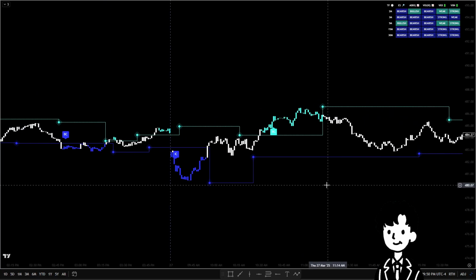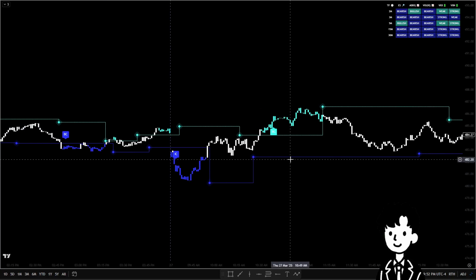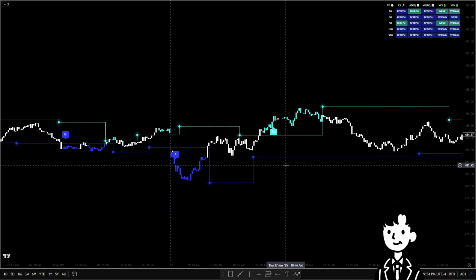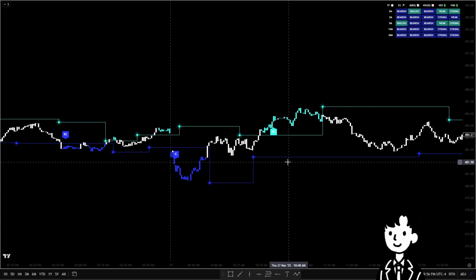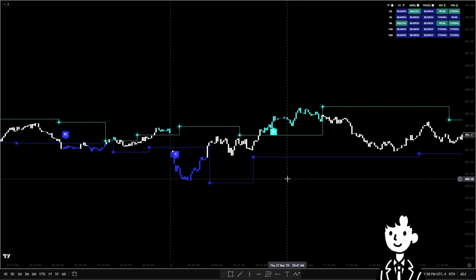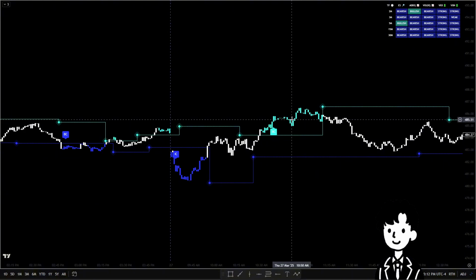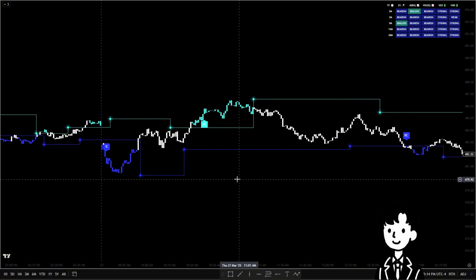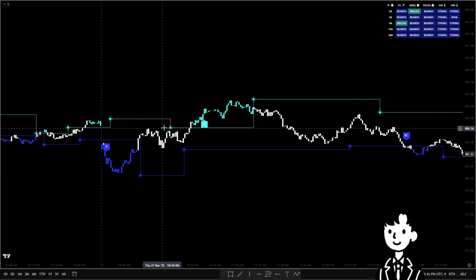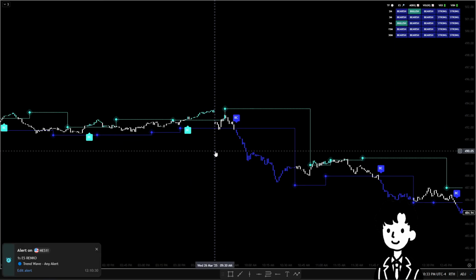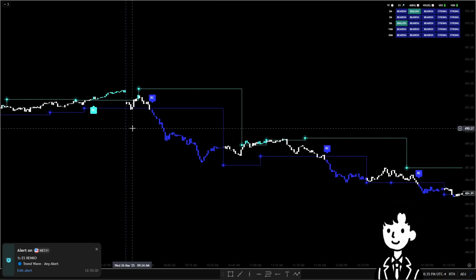There's usually 1 to 2 good trade setups that happen on a daily basis. For those who love trading breakouts, just 1 to 2 trade setups every day is pretty good. Now Wednesday was massive.